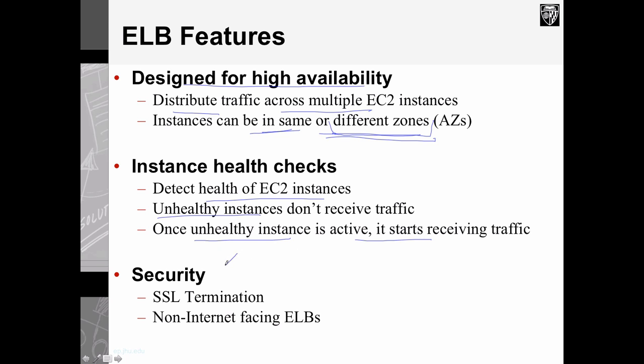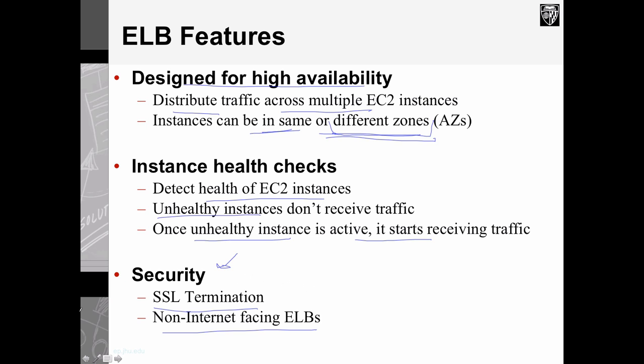We'll talk about security, how on the ELB we can terminate our SSL connections so that the users can communicate to our instances on the backend using the HTTPS protocol. The other security feature that ELB provides is called non-internet facing ELBs.